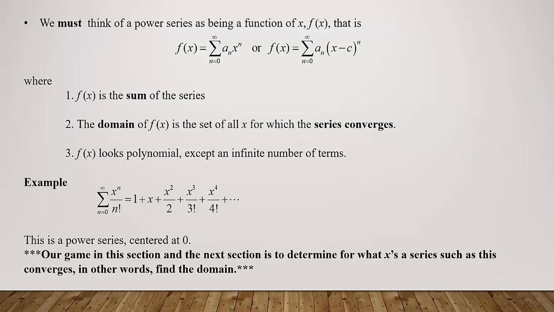In other words, find the domain. So we're looking at this and we're thinking, what numbers can we put in for x so that when we put a number in for x, we would get a series of constants that converges. So for example, if I put 2 in for x, I would get a series of constants.